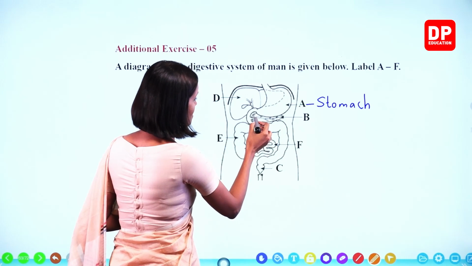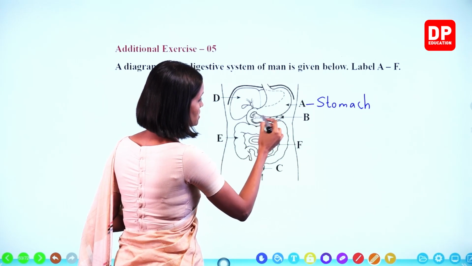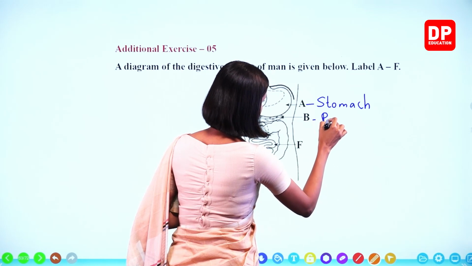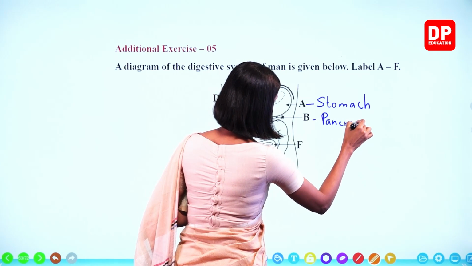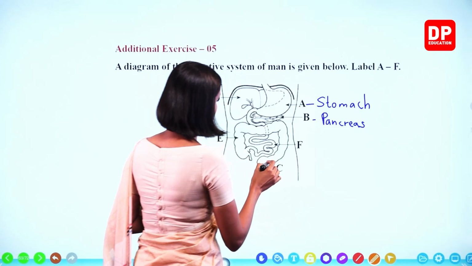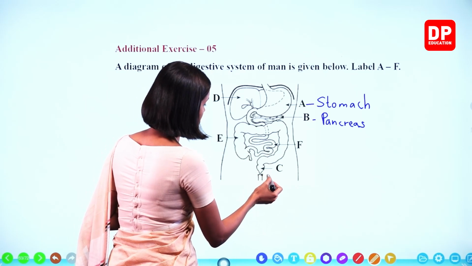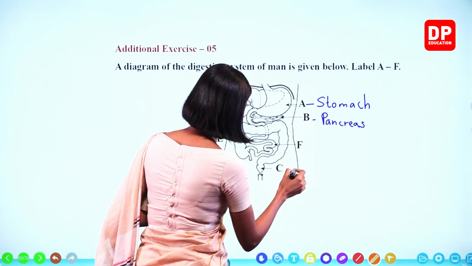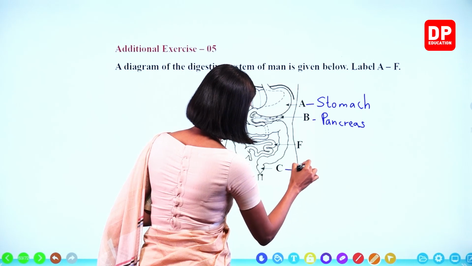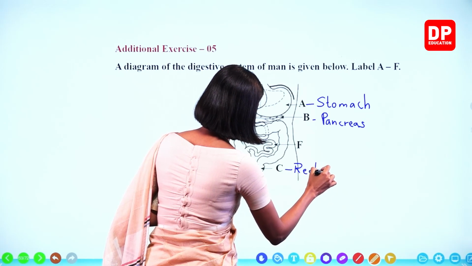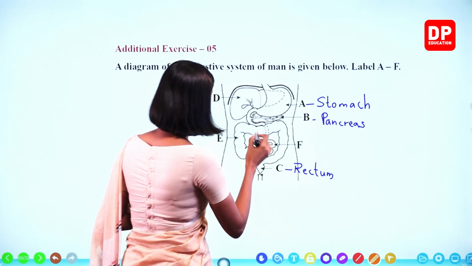What is B? B is the leaf-like structure, pancreas. C? C is the rectum. D?